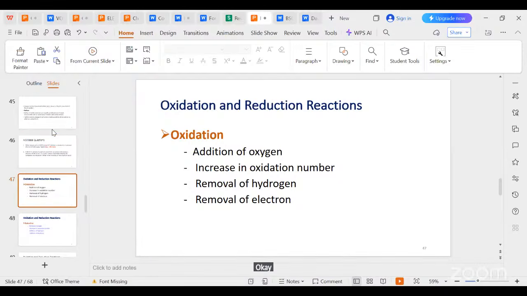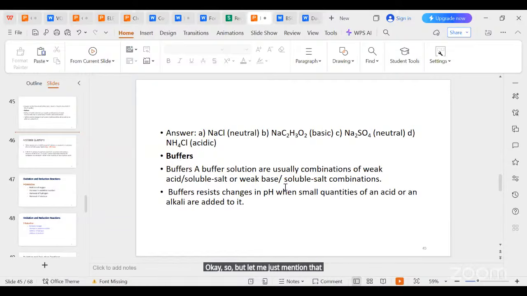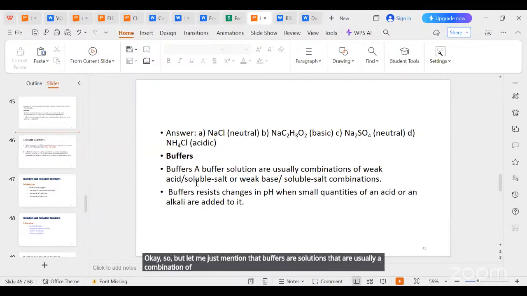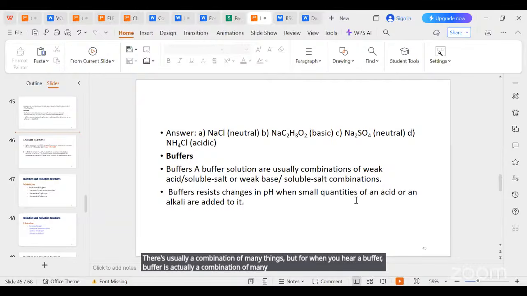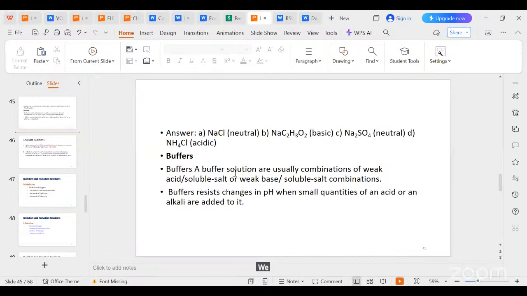Okay, but let me just mention that buffers are solutions that are usually a combination of weak acids and soluble salts, or weak bases and soluble salt combinations.